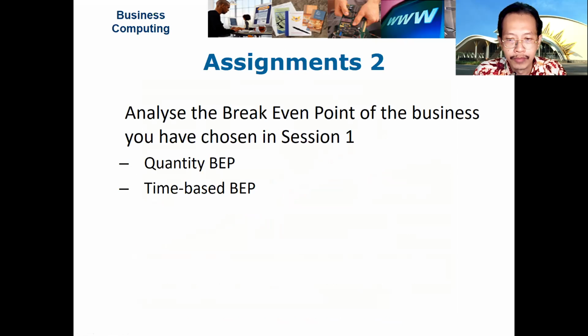Now, your first assignment for this session would be to make a break-even point analysis of the business that you have chosen in the previous session. And there are two parts to it.